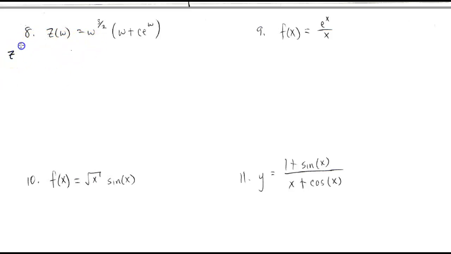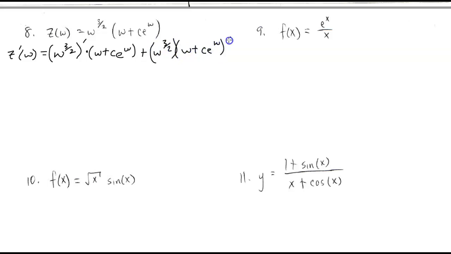All right, so here, if I was to take the derivative here, I'm going to take the derivative of the first function times the second plus first function here times derivative of the second. And remember, c is a constant here.